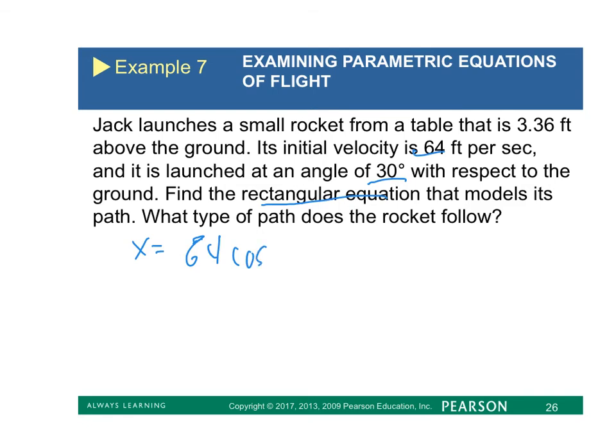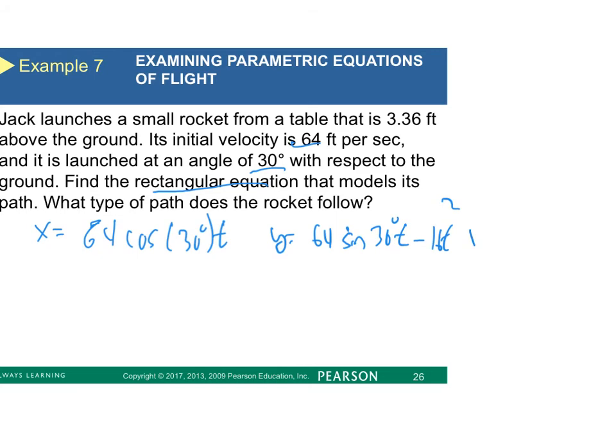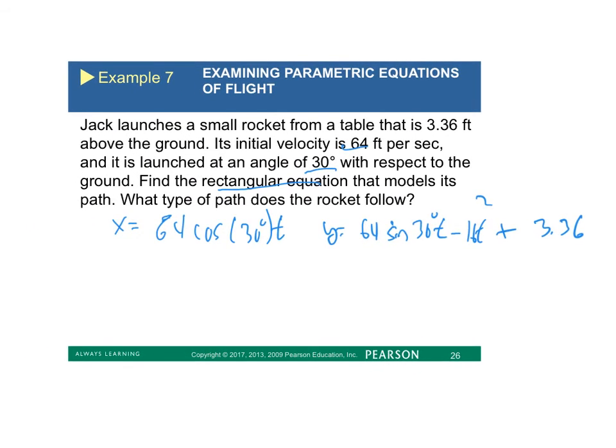So x is 64 cosine of 30 degrees t, and y is 64 sine of 30 degrees t minus 16t squared. This time I have a height, 3.36 feet. So there is my parametric. This time all he wants to do is convert this into rectangular.